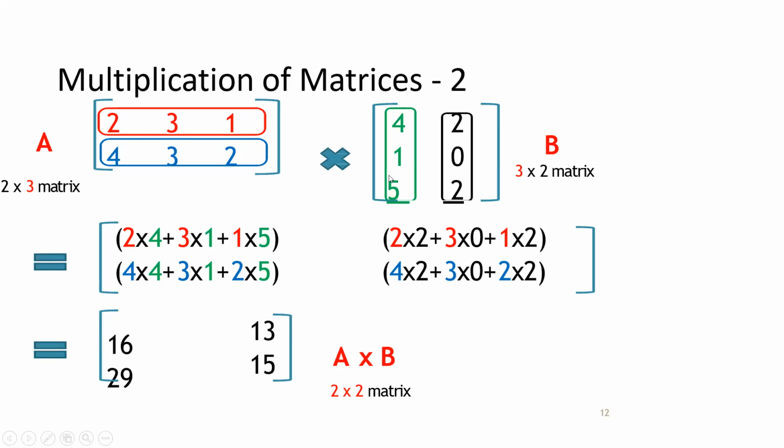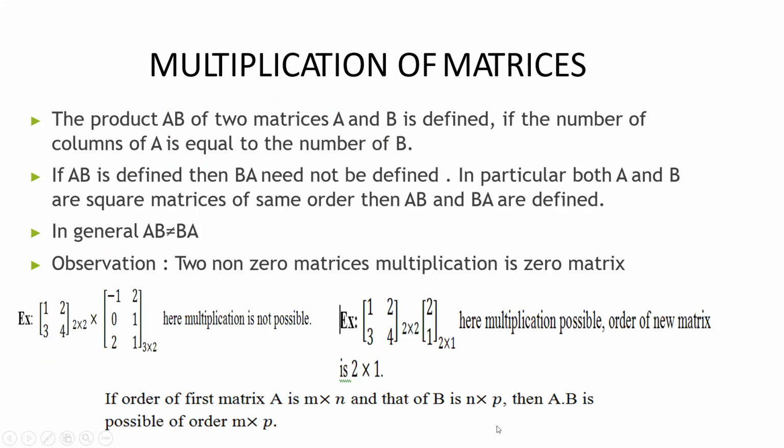multiplication is possible. And how we do it is, we select the first row and the first column, like 2 into 4, the first element. The order of the result after multiplication would be 2 by 2. We can see a 2 by 3 and a 3 by 2 matrix here. As we discussed, m by n and n by p give m by p order.